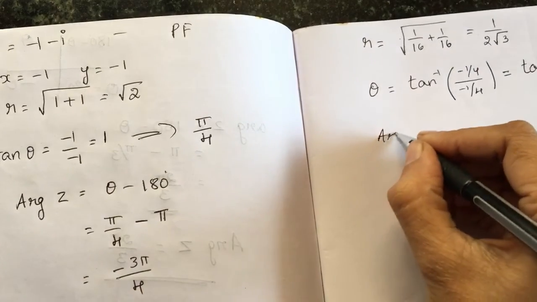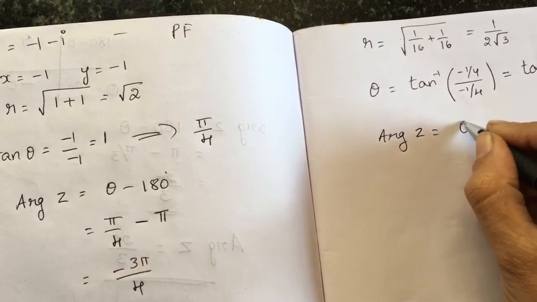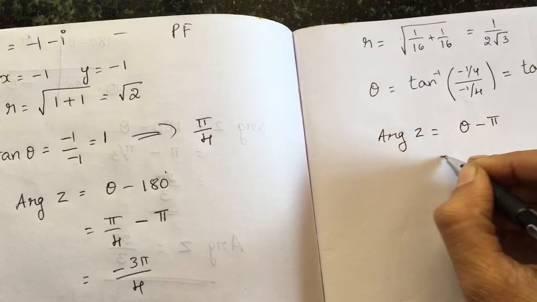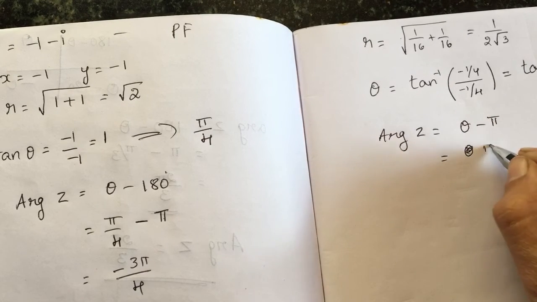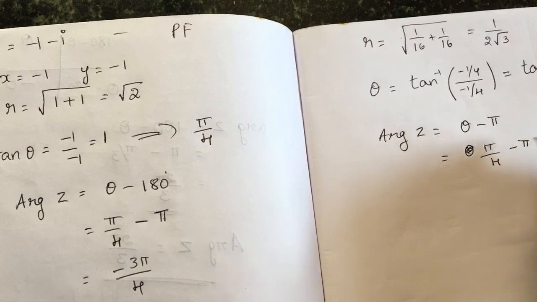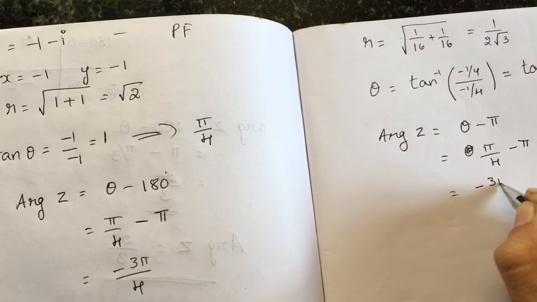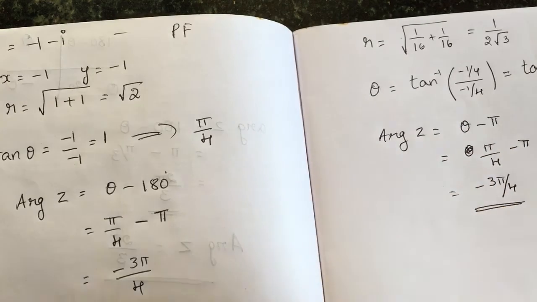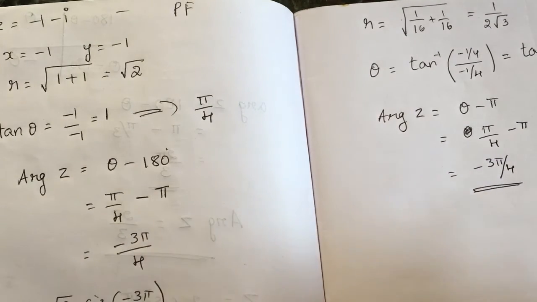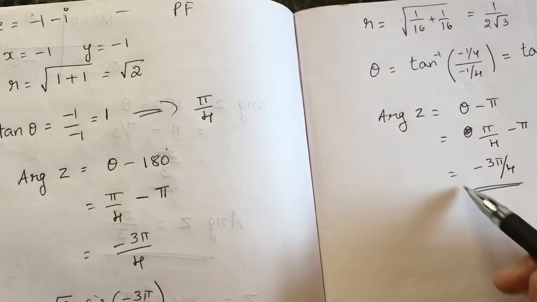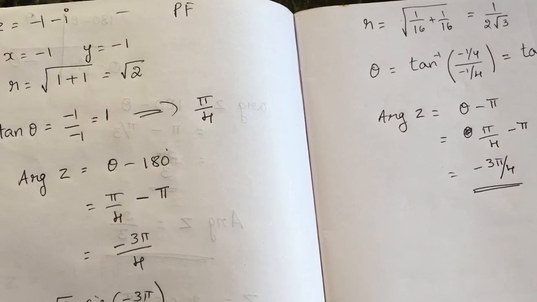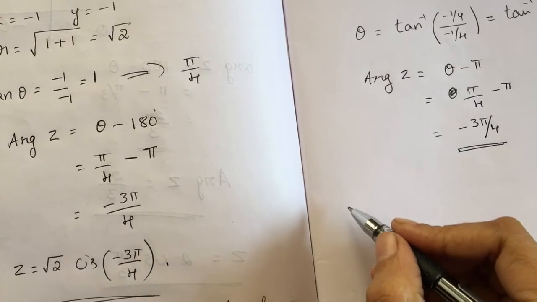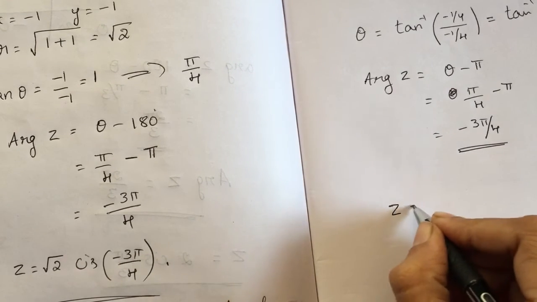So argument of z equals theta minus pi. Theta is pi by 4, so pi by 4 minus pi, it's minus 3 pi by 4, same as the previous one. So argument of z is minus 3 pi by 4 because it lies in between minus pi and pi.